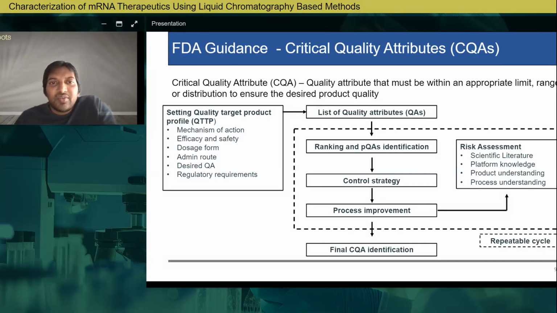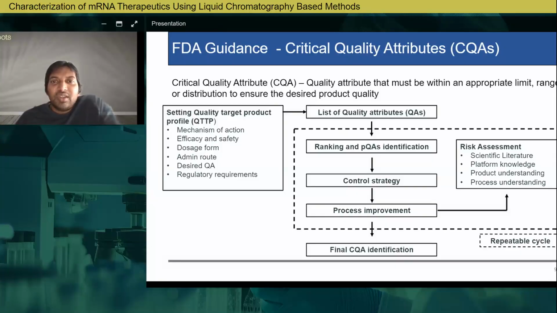So how do we define that? We define that based on the mechanism of action, efficacy, and safety, dosage form, administration route, desired quality attributes, as well as regulatory requirements. So we take into account a lot of factors to define that quality target product profile. Once we have it generated based on all these parameters, we create a list of quality attributes.